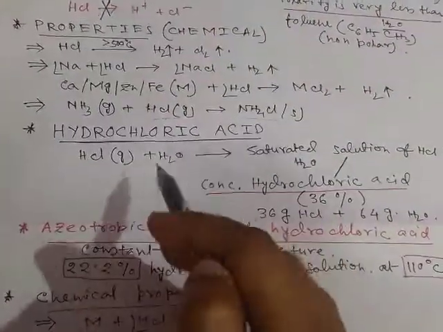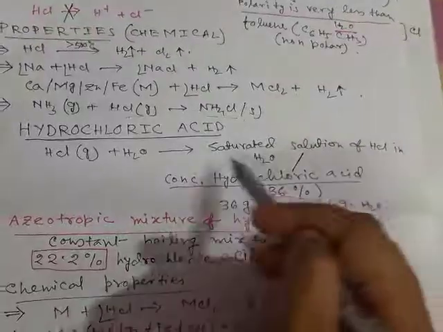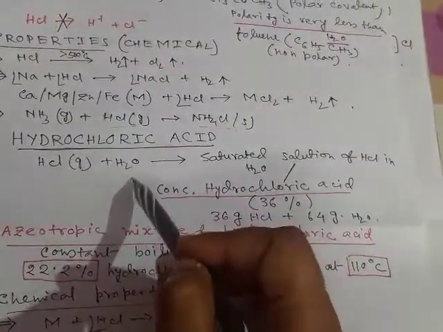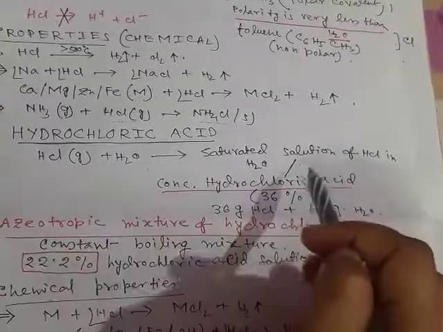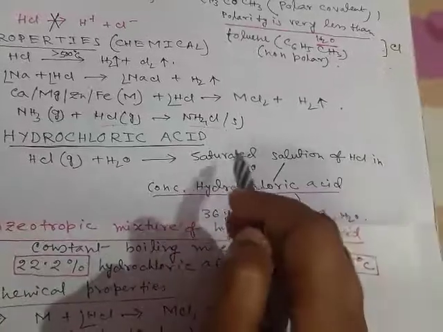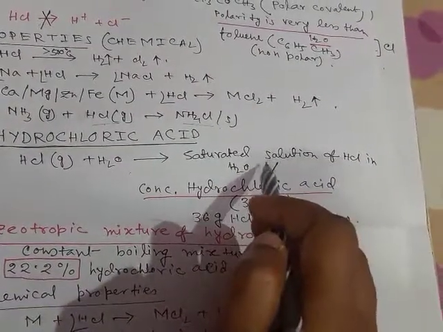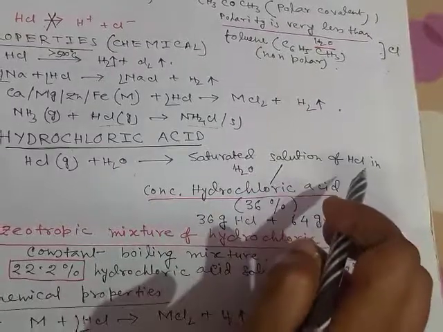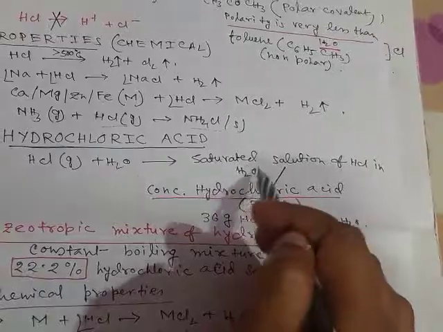Now hydrochloric acid: when HCl gas is dissolved in water, HCl gas being highly soluble, the dissolution process continues until there is no further dissolution of HCl, that is, we get the saturated solution of HCl in water.